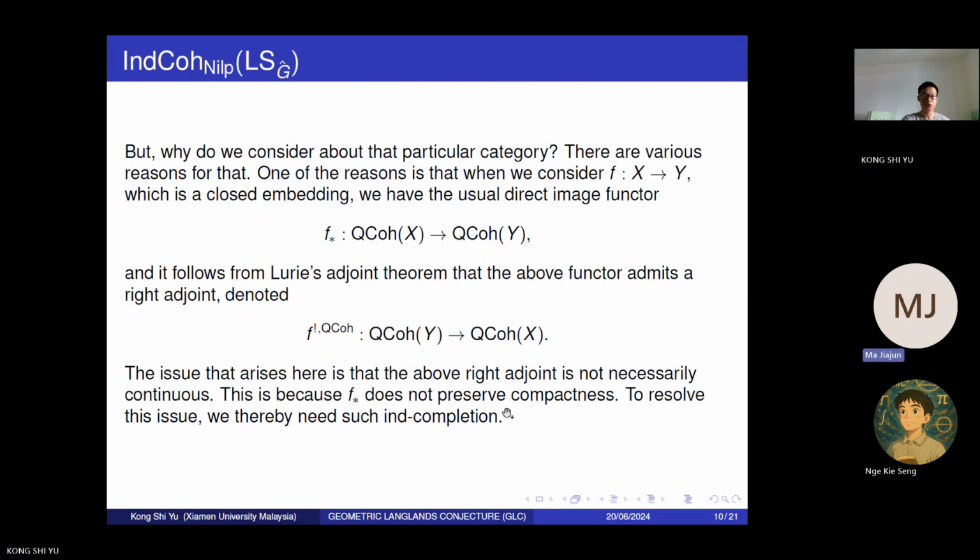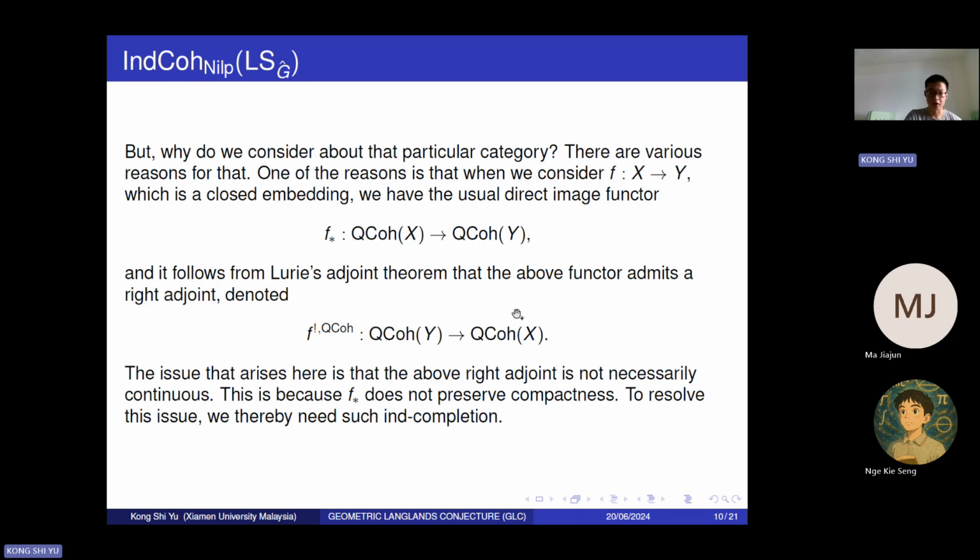So why do we consider such categories? There are various reasons for that. One of them is this: if we consider a map between the prestacks X and Y which is a closed embedding, we have the direct image functor as follows, and there's an adjoint theorem saying that this functor admits a right adjoint, denoted as follows.